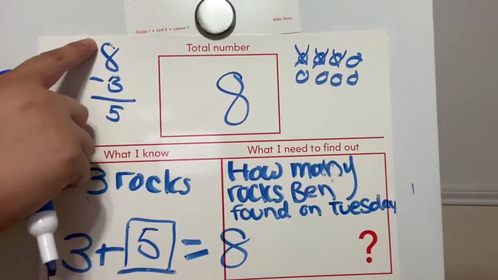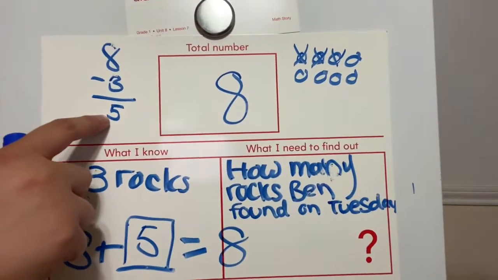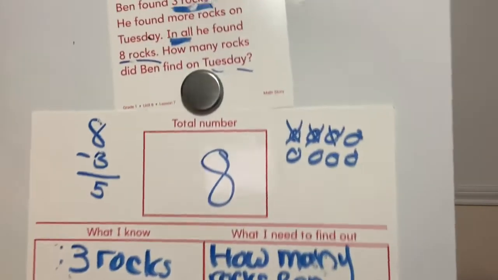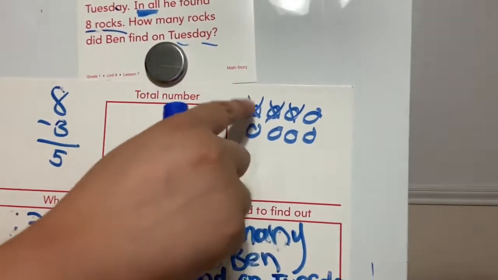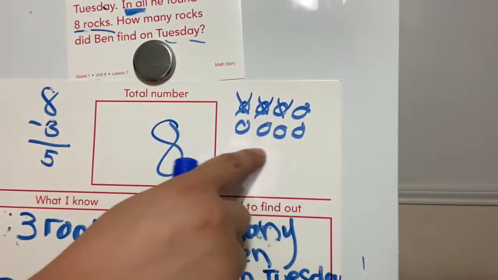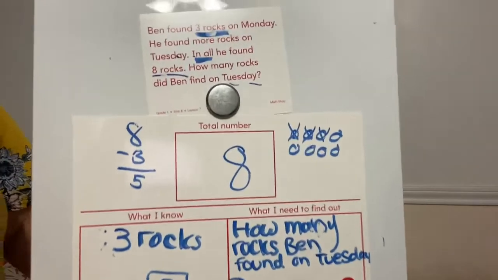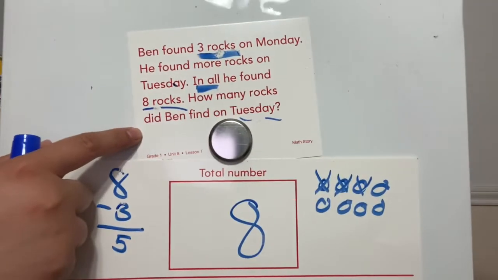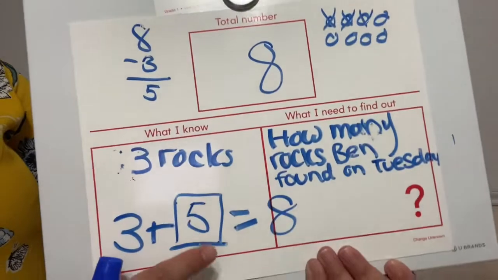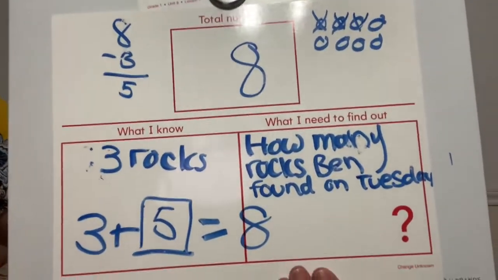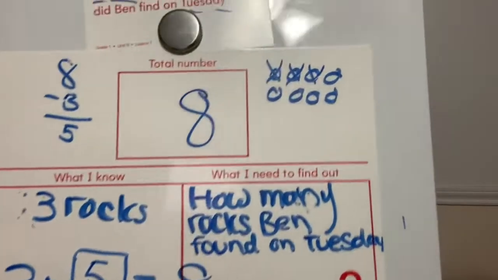So I did 8 minus 3 equals 5. An easier way to do this is to draw 8 rocks or circles, X out 3, and then we counted that there were 5 left. So to answer the question, how many rocks did Ben find on Tuesday? He found 5 rocks.